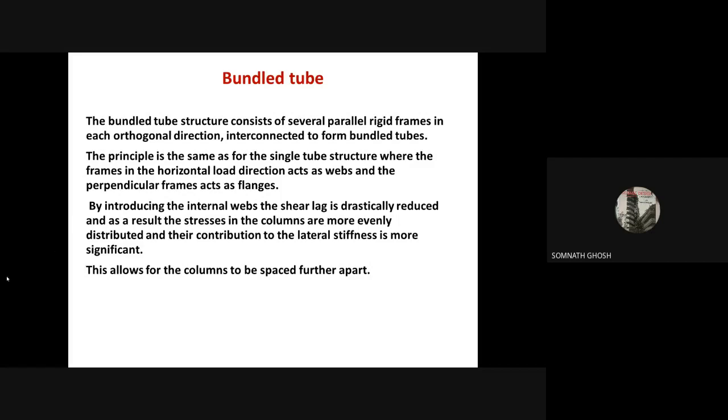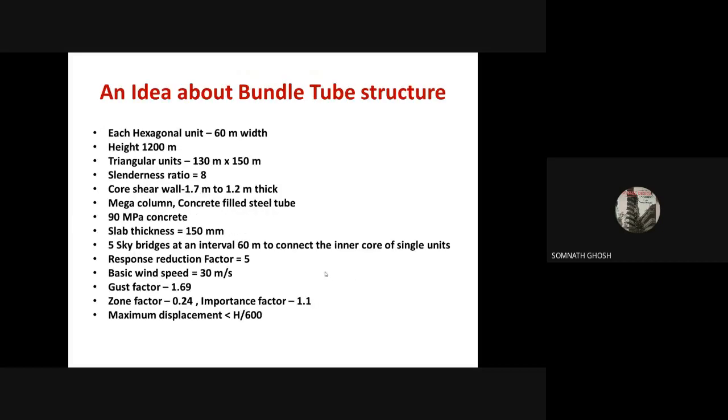And in this way you can allow the columns at a higher spacing. If you do this bundle tube, then the column to column distance may be increased to some extent, and it is sometimes required because in a banquet hall or a particular space, or sometimes for some requirement, the client is always asking about the column spacing.